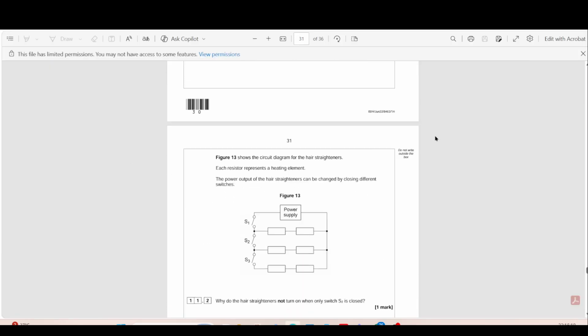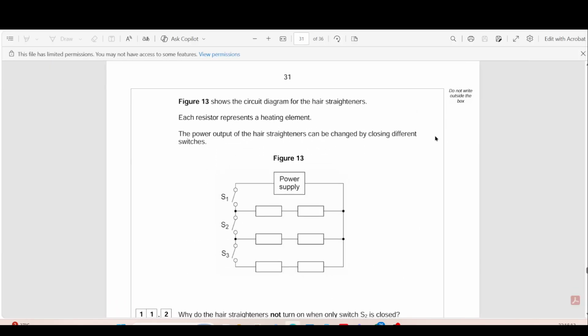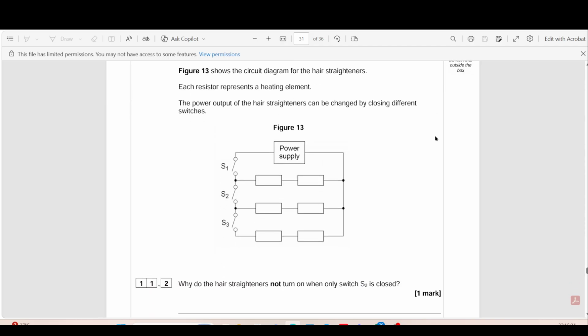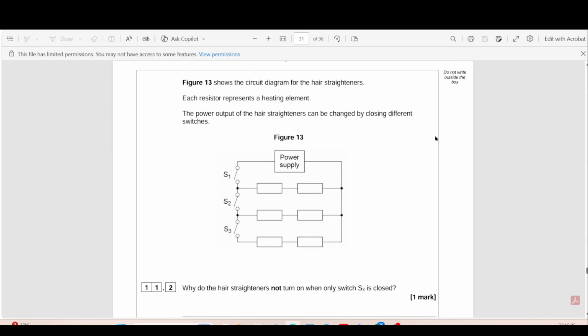Figure 13 shows a circuit diagram for the hair straighteners. Each resistor represents a heating element. Power output of the hair straighteners can be changed by closing different switches. Why do the hair straighteners not turn on when the only switch closed is S2? Because the other switches are open, so the circuit is not complete.